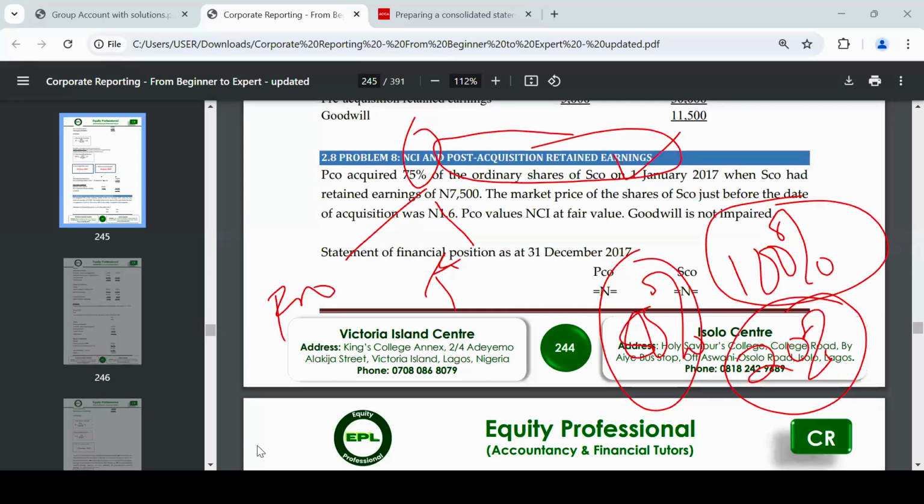I just want to ask, does anybody have an idea? Maybe you have a line of thought as to why this is mandated. Does anybody want to try? Why do you think goodwill on consolidation is annually tested for impairment? Why do you think that is necessary?